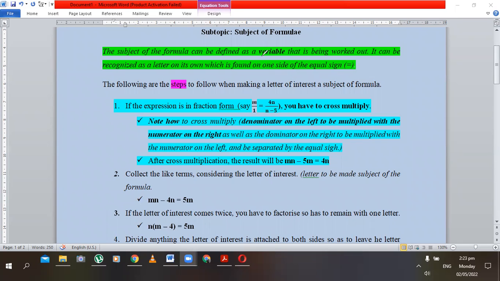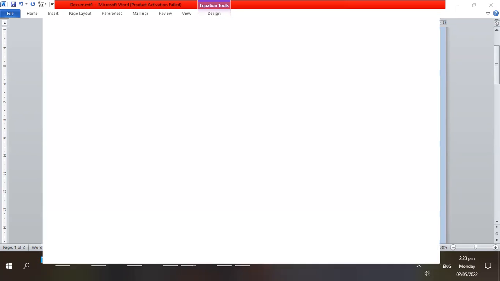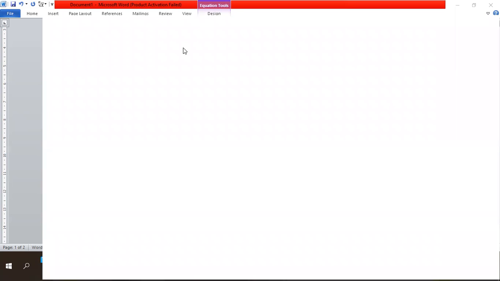What it means to cross multiply, maybe allow me to cover up this part so that we get to have something fresh. Let's say you've got 4 divided by y, and then we've got equal to 2 divided by x.